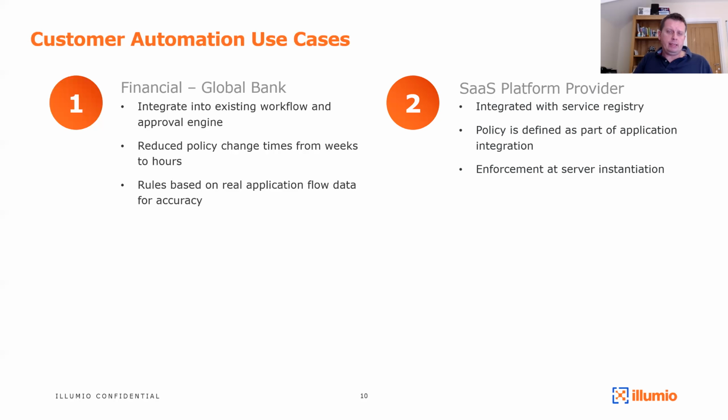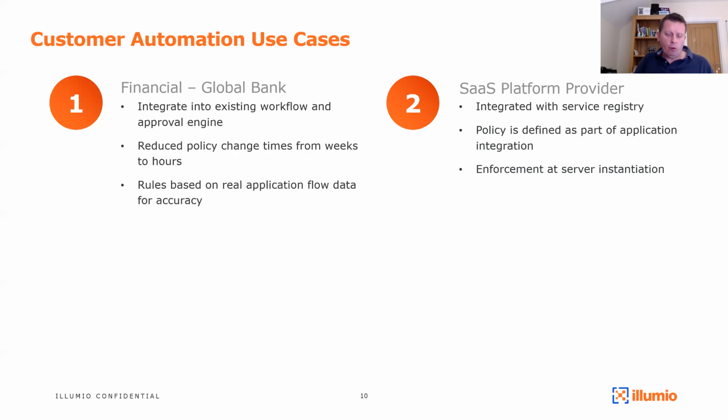So they just baked the policy process into that. When application owners identify a dependency and link the applications together, the policy is defined as part of that process. In fact, it means that all servers and containers, the minute they're instantiated, come up in full enforcement mode with the correct policy applied.